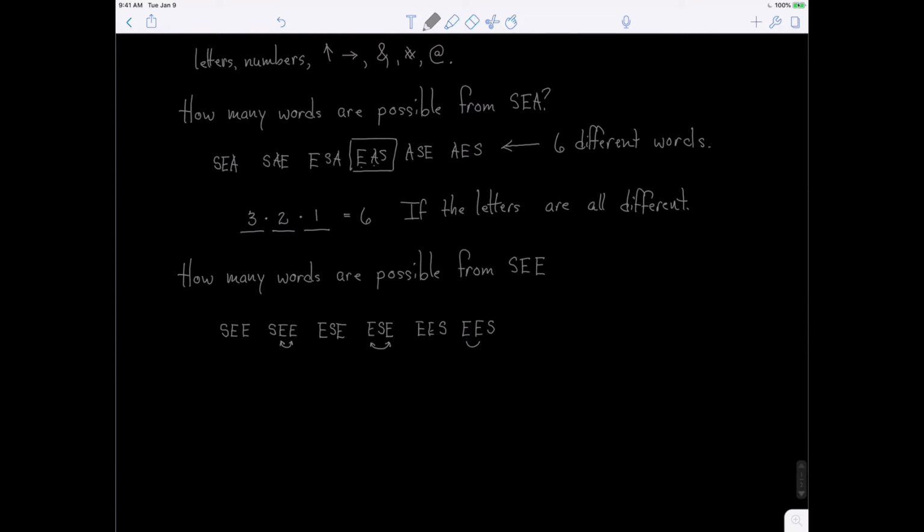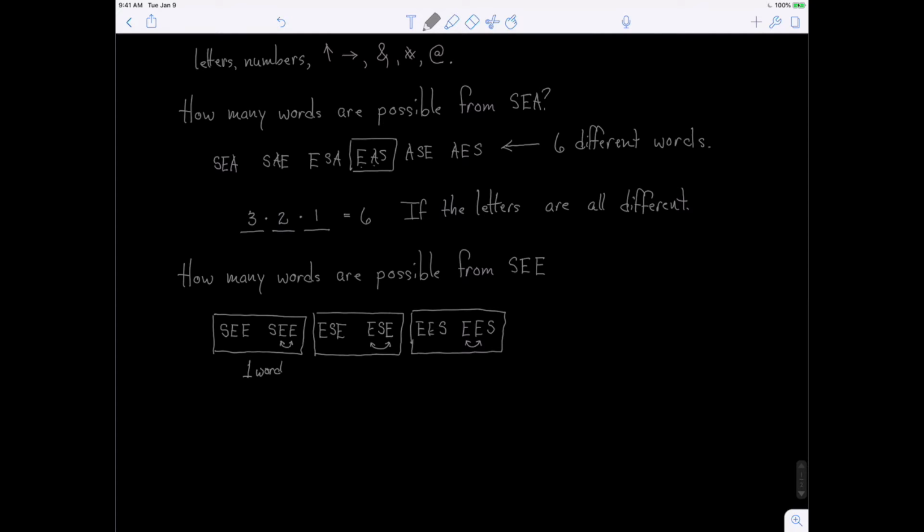And again, I switched the E's. So when I did that, if I look more closely, S-E-E and S-E-E, that's really just one word. And so is E-S-E and E-S-E. And finally, so are the E-E-S's. So the answer in this case is only 3.